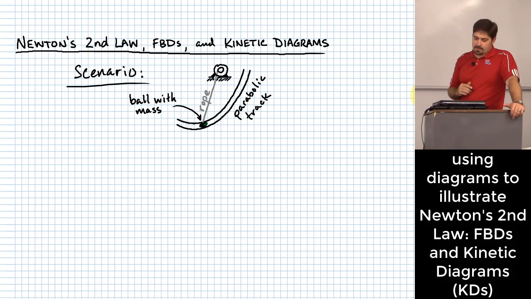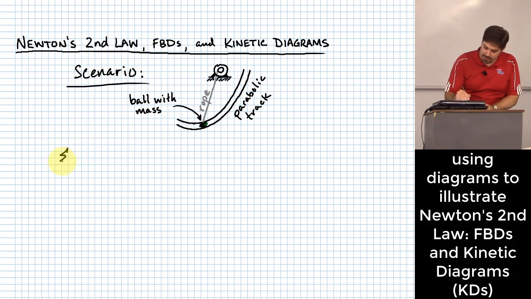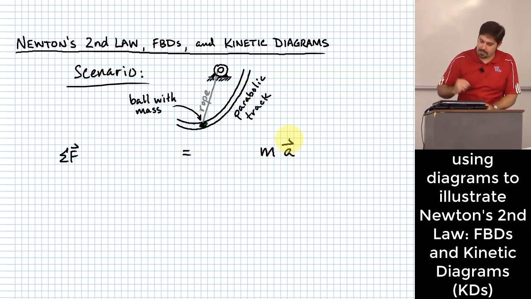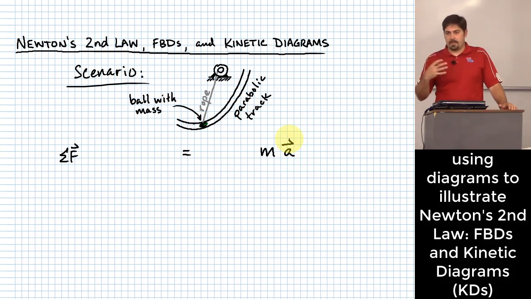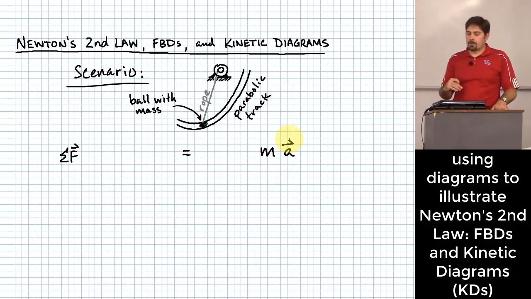We can represent a scenario like this with Newton's second law. We can sum forces, which are vector quantities, and set them equal to mass times acceleration, where acceleration is also a vector quantity.